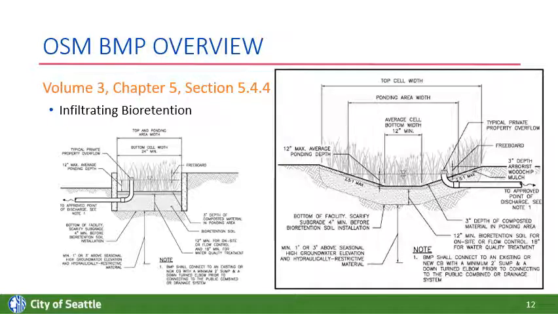The sizing factors have been updated, so the tables for the sizing factors, 5.21, 5.22, and 5.23 have been updated, as well as the figures in the manual. The clarifications: cells larger than 800 square feet are allowable to treat a regional area, but require the permission of the director. A constructed overflow is not required for BMPs designed to infiltrate all flows.